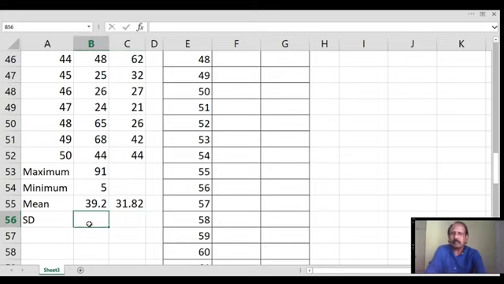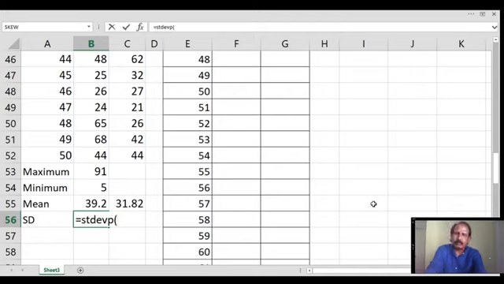Now we have to find the standard deviations of males and females separately, and to find the standard deviation of male we will write the function in B56. For that the function starts with equal sign, then we have to write STDEV.P. Why P? That we have discussed in previous videos.